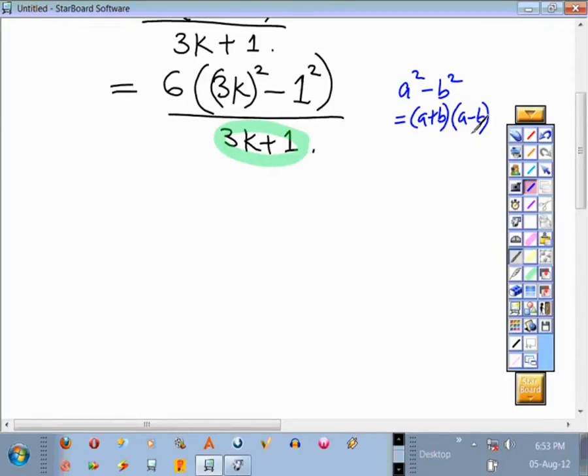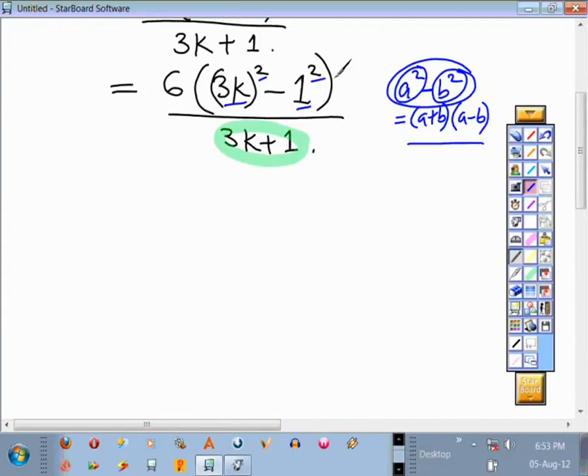Anytime you see two values, each of them squared, and there is subtraction in between them, what should come to mind is that the statement is factorizable, and this is the factorization. So that is applicable here, so that this is like our a that is squared, and this is like our b that is squared.